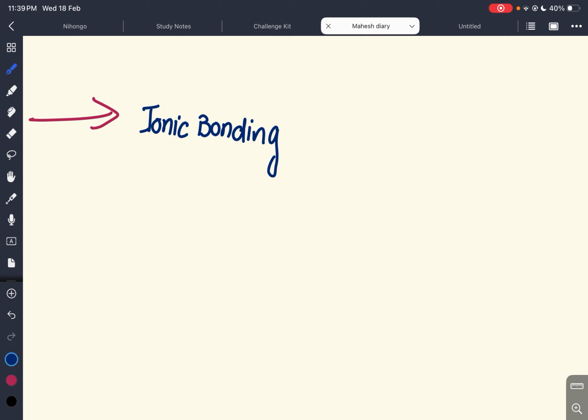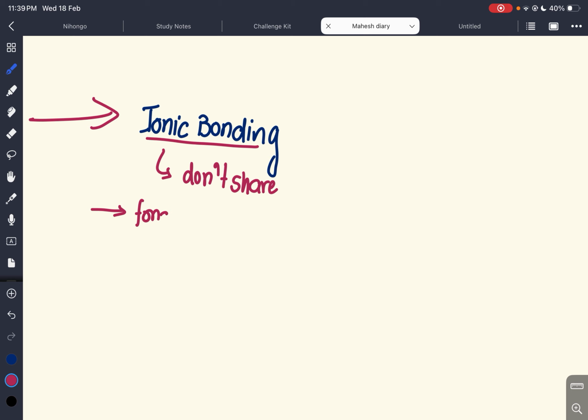So today we're going to learn about ionic bonding. It's a bonding where we do not share electrons. Let's go with the definition first.